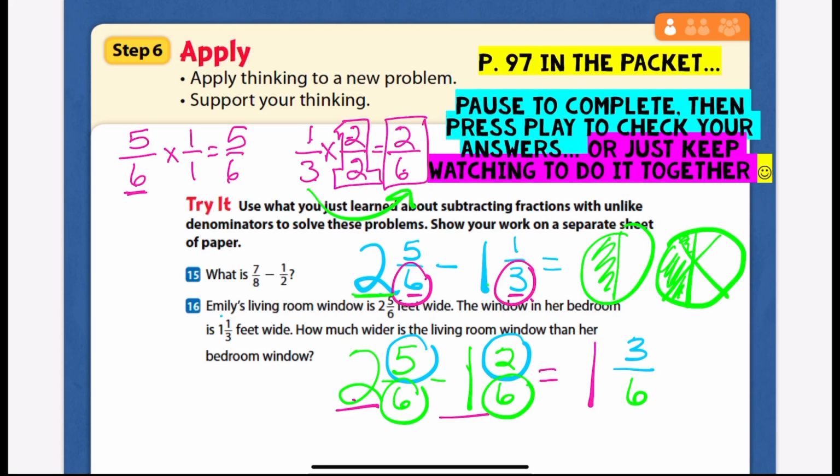So 1 3/6 is the same thing as 1 1/2. So if we look back at our original problem, how much wider is the living room window than her bedroom window? It is 1.5 feet wider. That would be the answer.